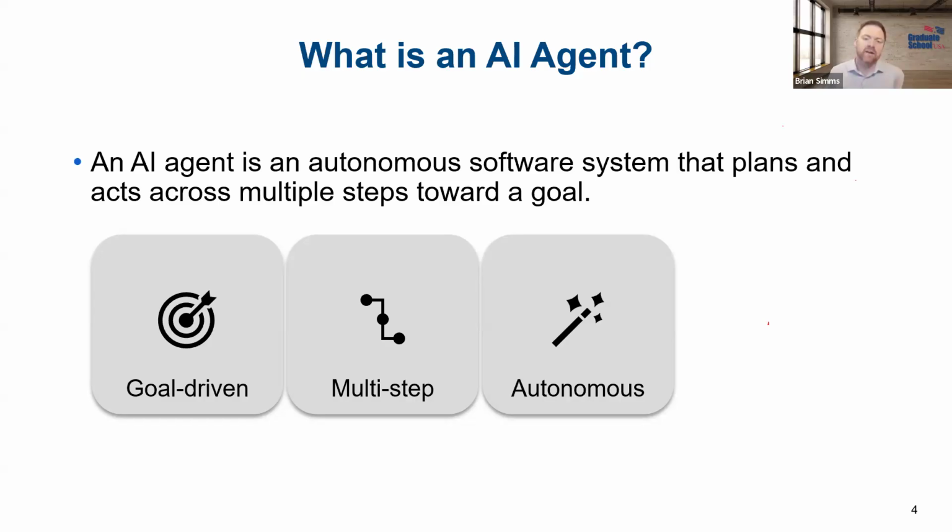That doesn't mean that an agent is unsupervised, but it does mean that it can handle the routine decisions on its own, which, in a well-designed environment, frees up your team to do the fun stuff, to focus on strategy, the higher order work, right? So that's an important component.